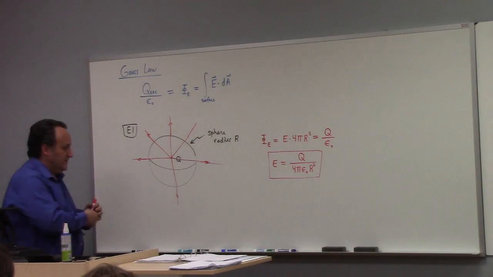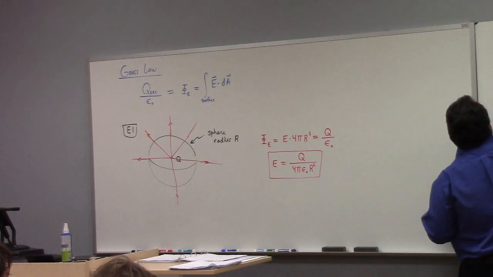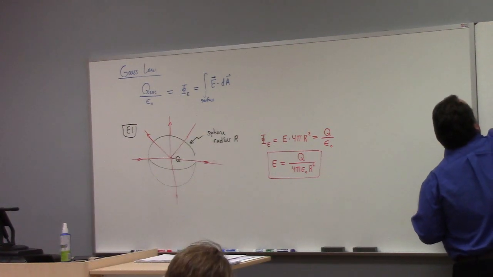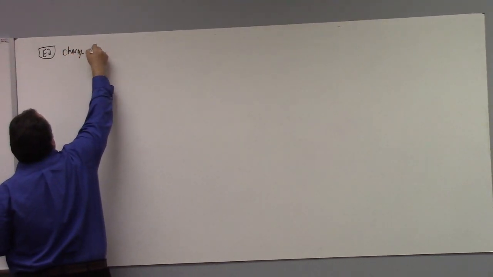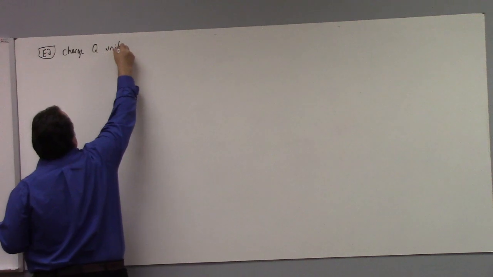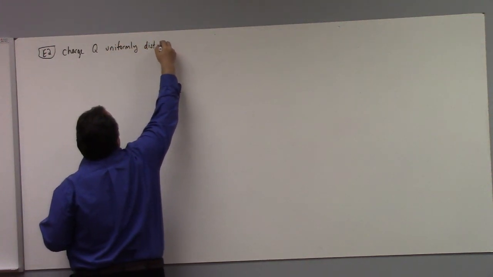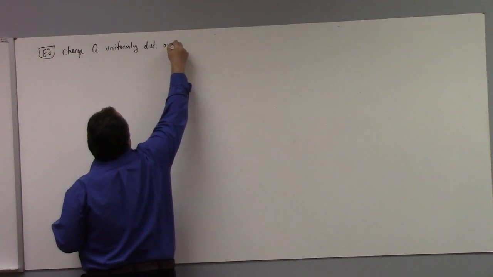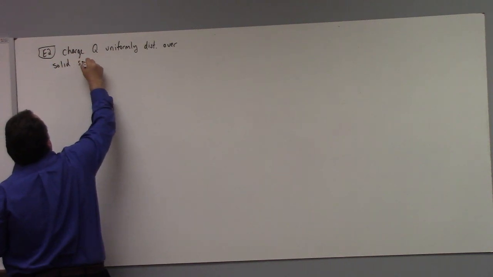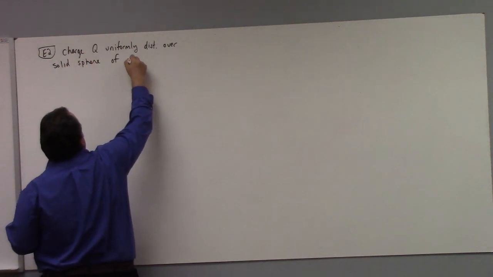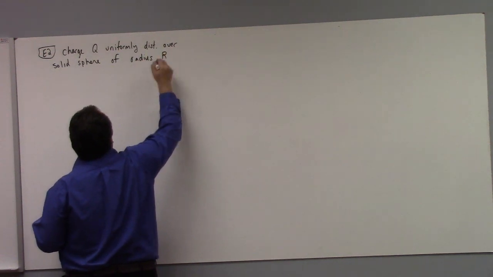So example 2, let us suppose we have charge Q uniformly distributed over a solid sphere of radius, let's say big R.